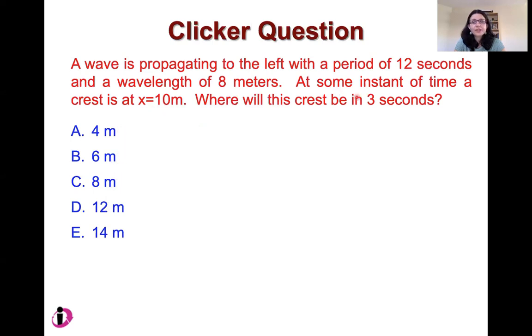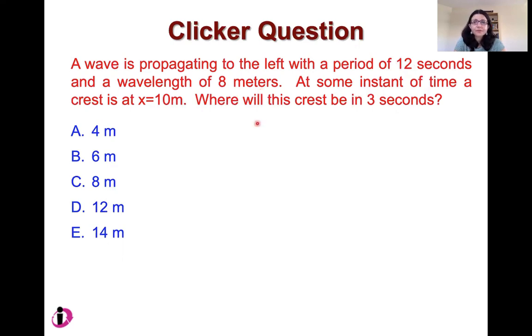So now the question is, how much does the wave move in 3 seconds? Well, we know that in 12 seconds, it moves 8 meters, because that's exactly the definition of period: how long does a wave take to move one wavelength.